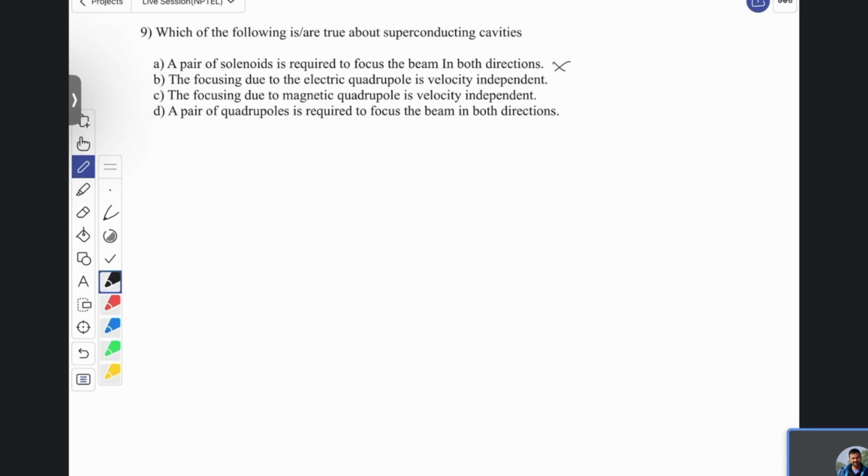The focusing due to electric quadrupole is velocity dependent. We saw that the force due to electric field does not depend on the velocity, so it's not true. The focusing due to magnetic quadrupole is velocity dependent. Yeah, this is true. The pair of quadrupoles is required to focus the beam in both directions. Yeah, we also saw this is true.